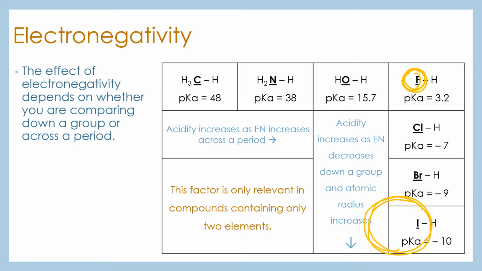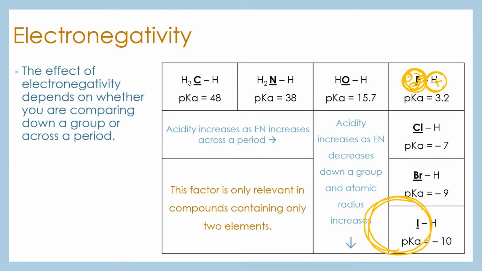So, fluorine, being this tiny, tight, negative ball of electrons, essentially, is going to be very attracted to its positive proton. And the bond between them is going to be kind of difficult to break.